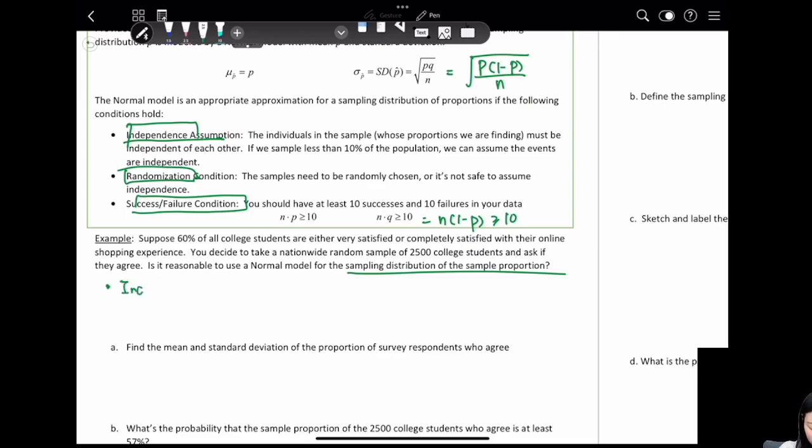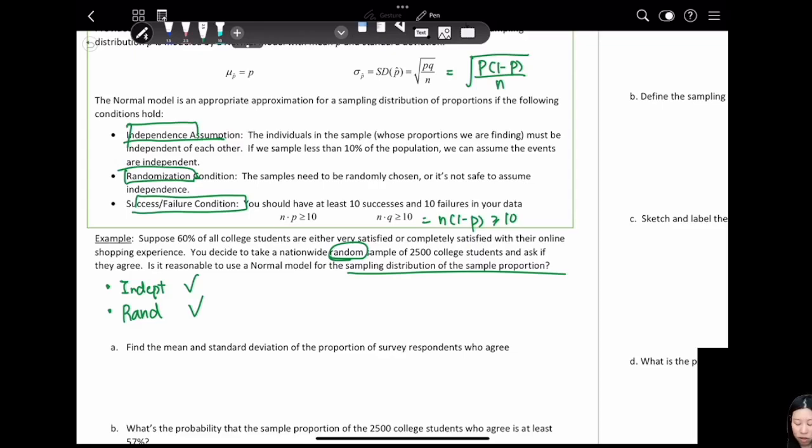One, is this independent? Since they asked 2,500 different college students, and each one is not going to affect the others' results, yes, independence. And they gave you a random sample, so yes, randomization. Now we need to check the success and failure condition.